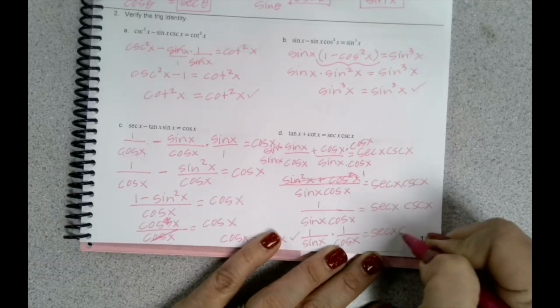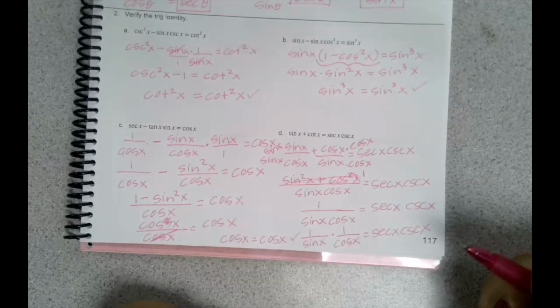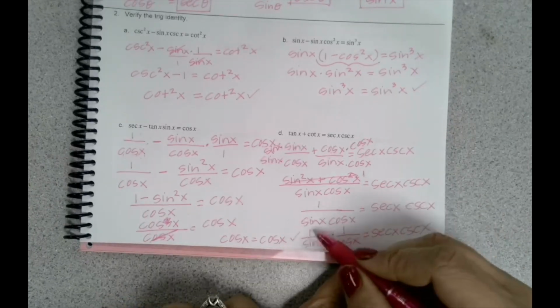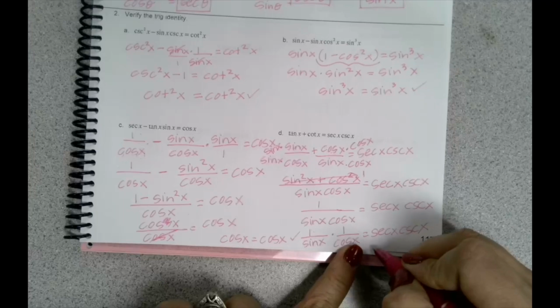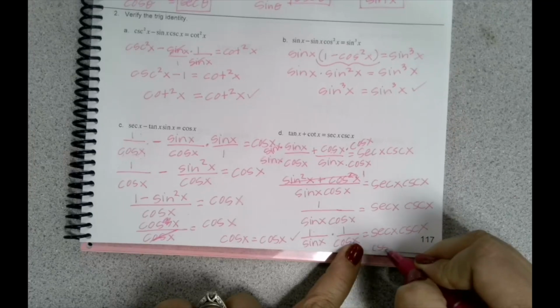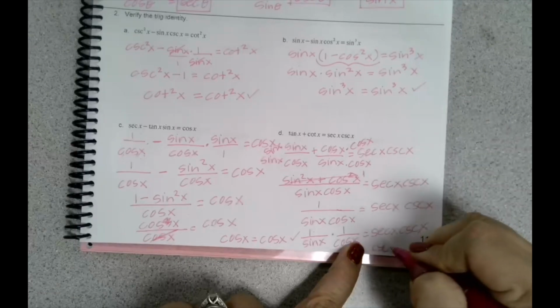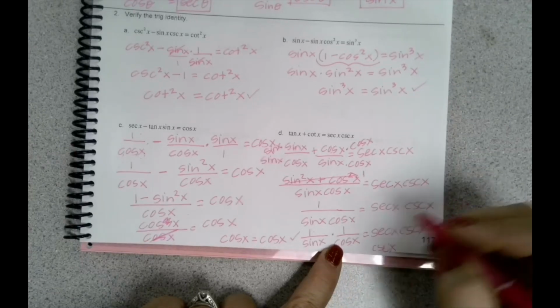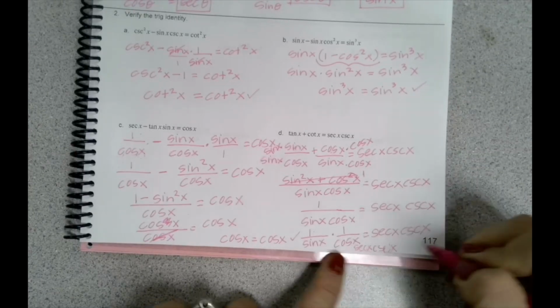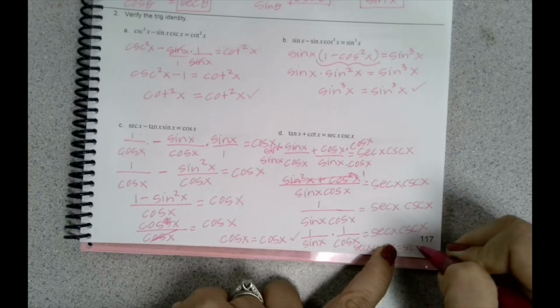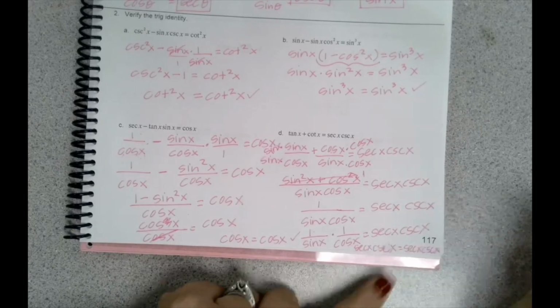So then now when you're multiplying, order doesn't matter. So 1 over the sine of x is cosecant x. And 1 over the cosine of x is secant x. So then in proper form, I get these to be equal.